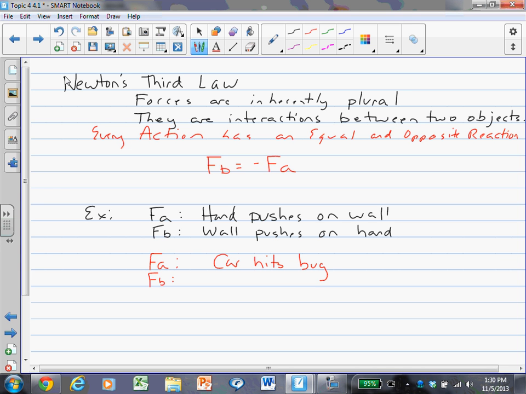And the opposite would be bug hits car. Now, the bug has a small mass and feels a super large acceleration due to that force. The same force on the car, because the car has such a large mass, feels a very small acceleration.